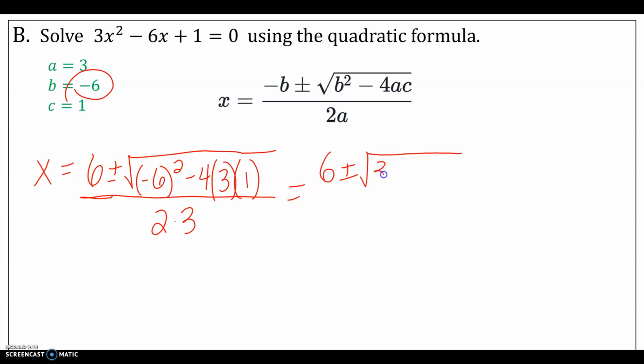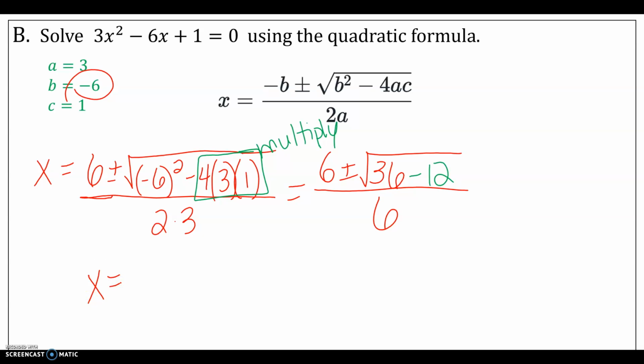So let's simplify the radical. And then we're going to multiply these. You're going to get minus 12, all divided by 6. Okay, so I'm still going to keep simplifying underneath the radical. So 6 plus or minus radical 24, all divided by 6.